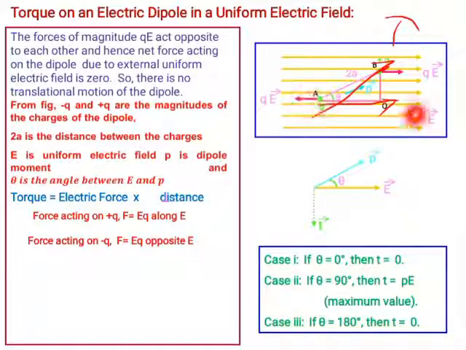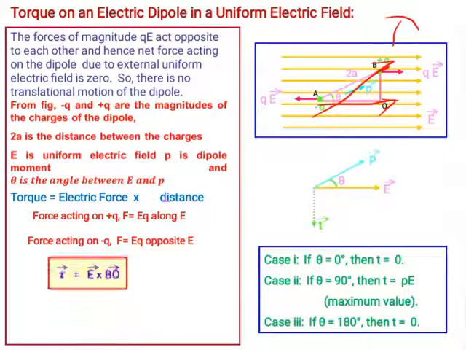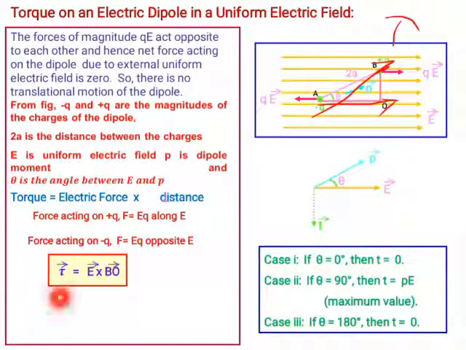Then tau is equal to the electric force, or couple of force, into the perpendicular distance. Which one is the perpendicular distance here? BO is the perpendicular distance. BO is perpendicular to AO.